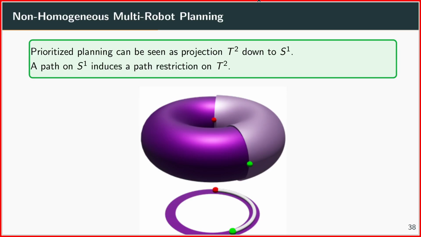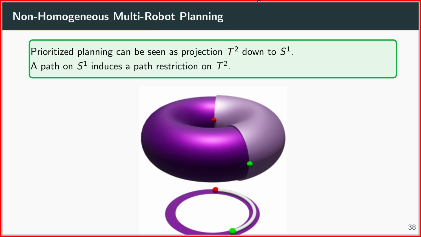Okay, and now we want to do prioritized planning. One way to look at prioritized planning is as a projection from this torus down to one of the robots. In terms of the state spaces, this is a projection from the torus down to the circle. If you have a path on the circle, then this induces a constraint, and this constraint is modeled as a path restriction.